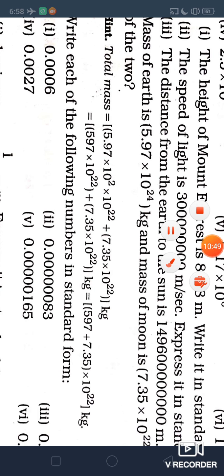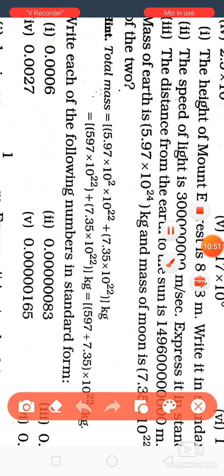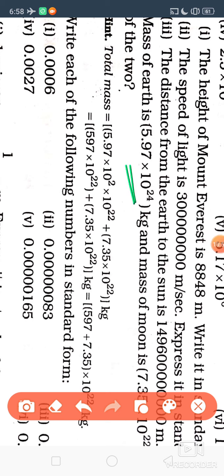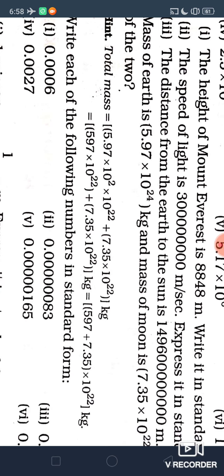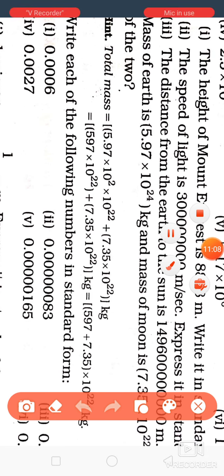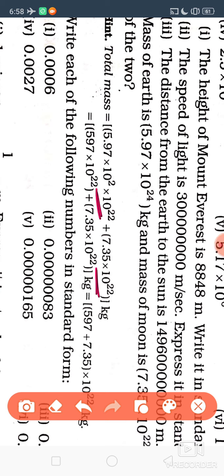Now this 10 to the power 24 is written in this form because we are getting 10 to the power 22 in both the terms, 10 to the power 22 here also, 10 to the power 22 here also. So 10 to the power 22 here is given as a shortcut.